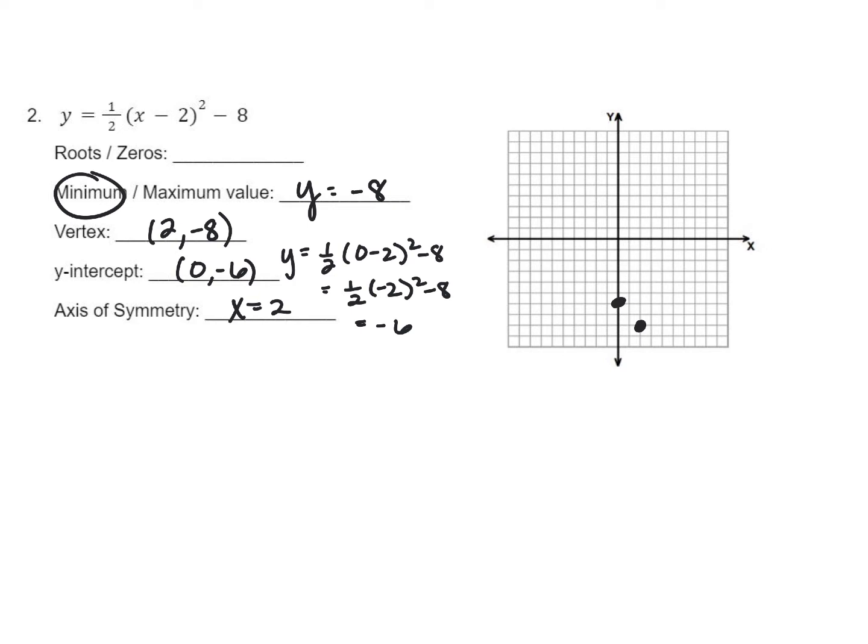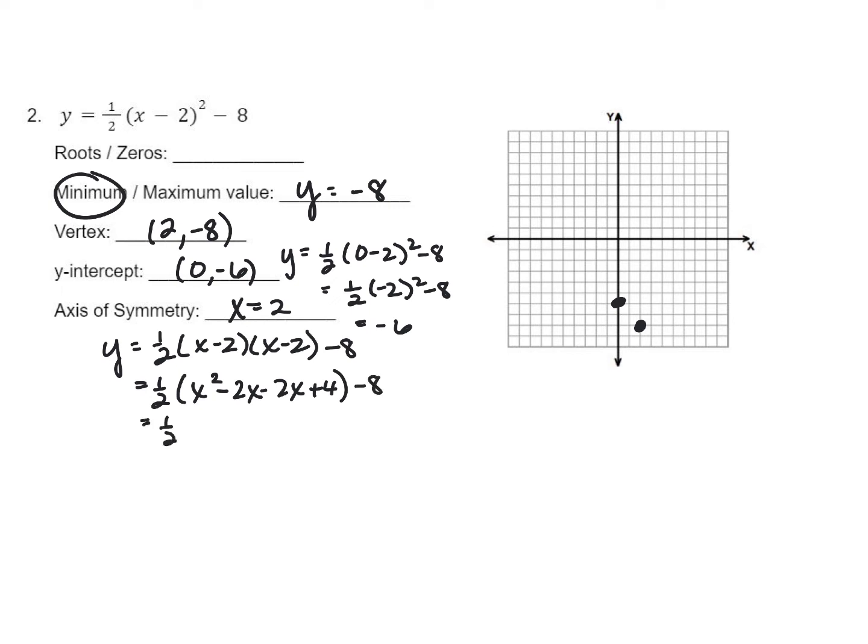And now for the zeros. So just like before, we're going to have to multiply this out. So I'm going to go ahead and begin by writing out that (x minus 2) two times. And I'm going to multiply those together before I distribute the 1/2. So there's the FOIL method, or double distribute.